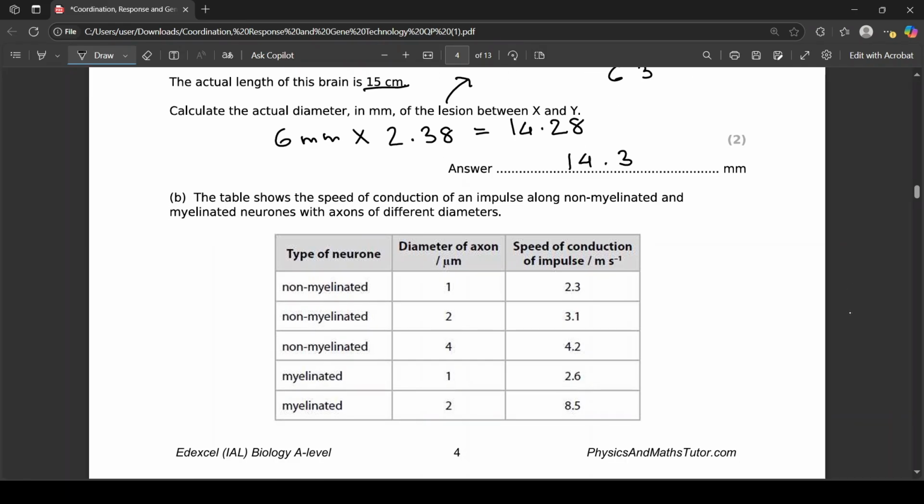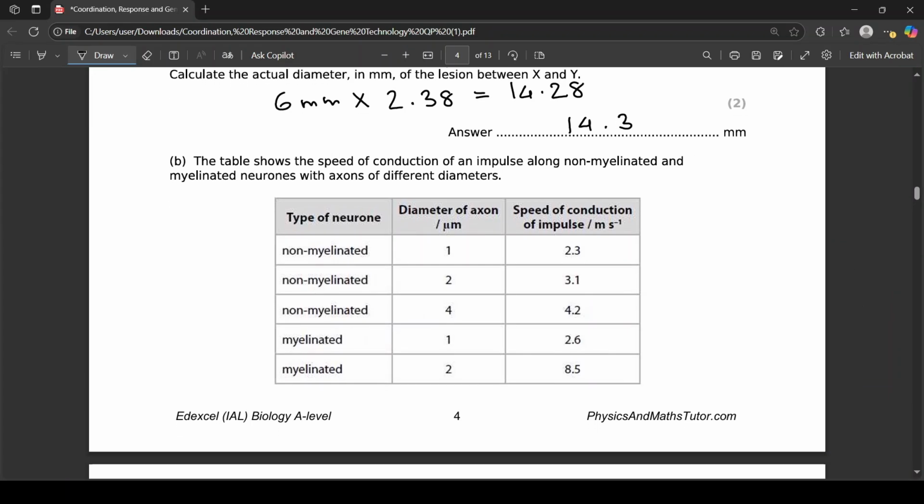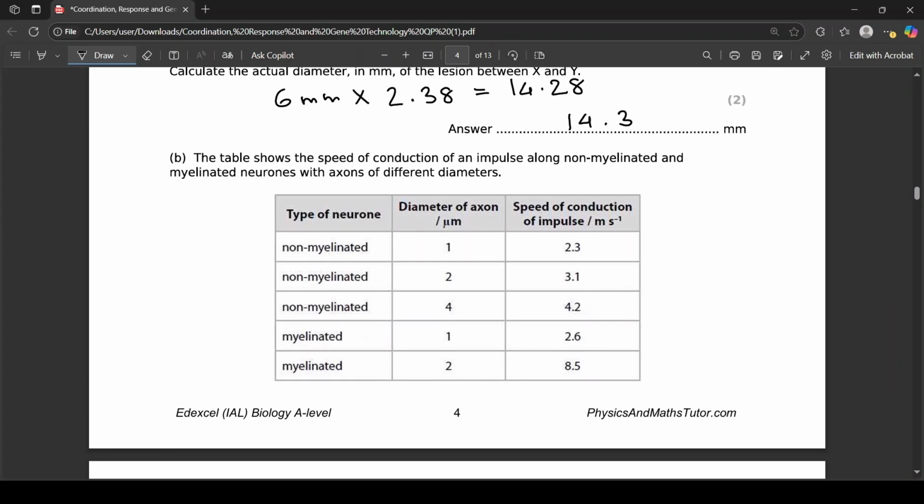Okay. So the next part of the question says the table shows the speed of conduction of an impulse along non-myelinated and myelinated neurons with axons of different diameters. Here we have the two types of neuron, firstly non-myelinated and the other myelinated.